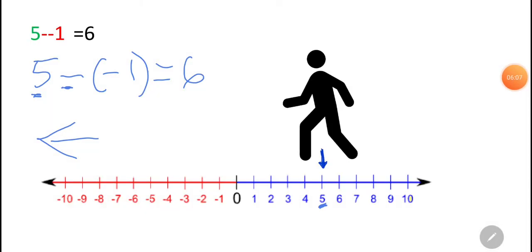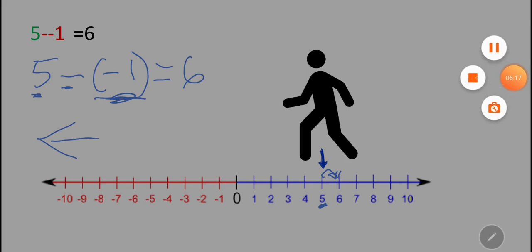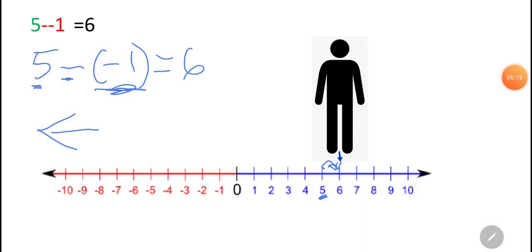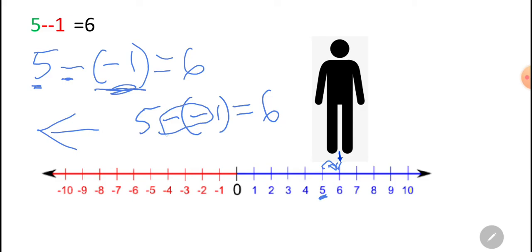Because it says negative 1, he's actually going to walk backwards by 1, and he'll end up at 6, like so. So 5 take away negative 1 is equal to 6. And remember, some people like to think of it as, because there's two negatives side by side here, 5 add 1 is equal to 6.